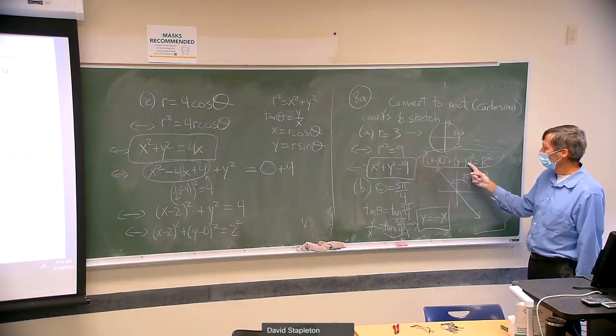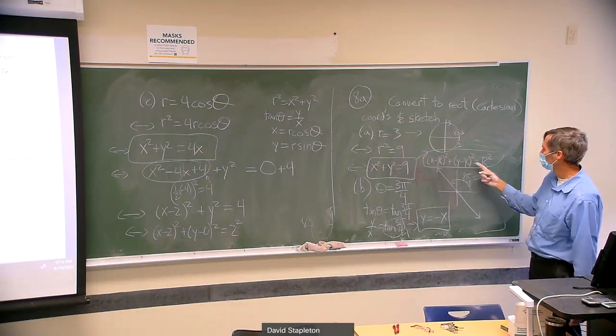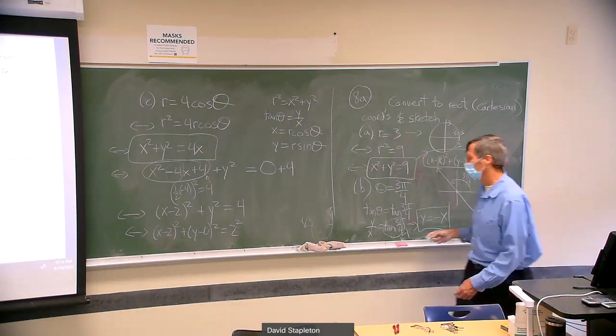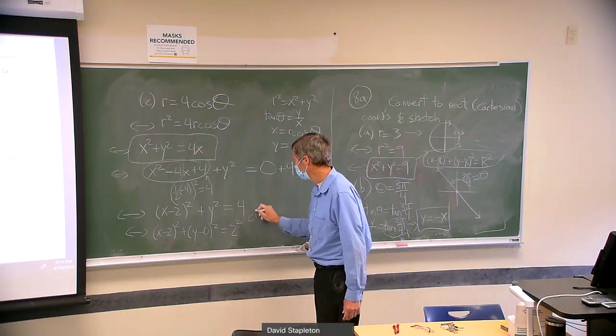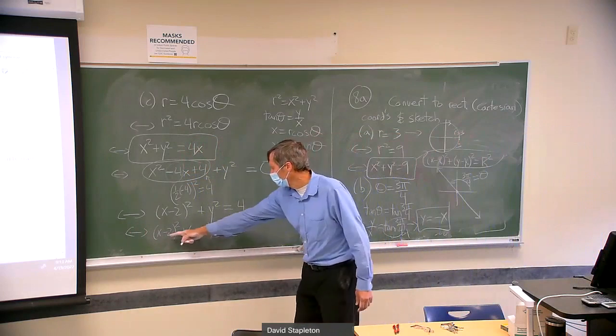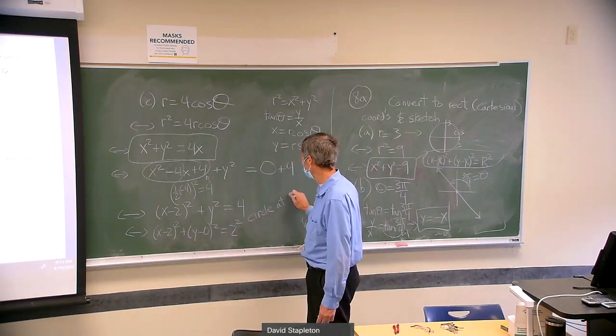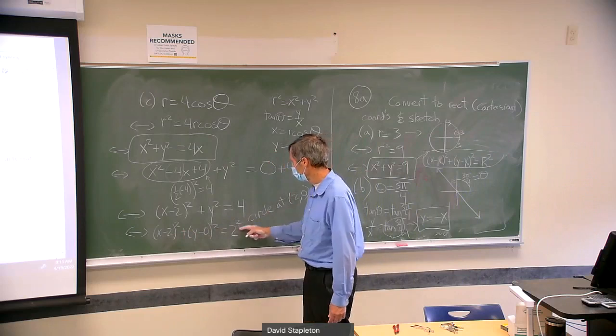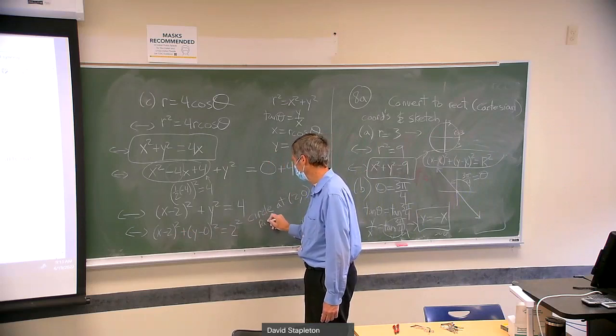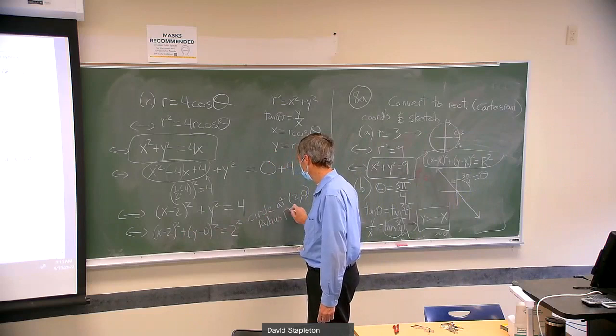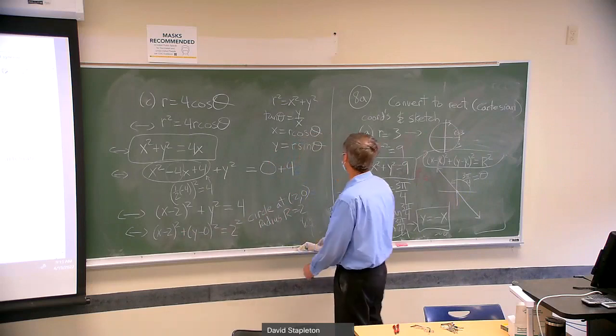A circle at the point 2, 0, the numbers that are subtracted, of radius 2, whatever squared over here. Capital R equals 2. So I can sketch that easily, right?